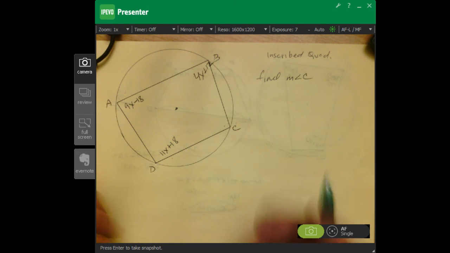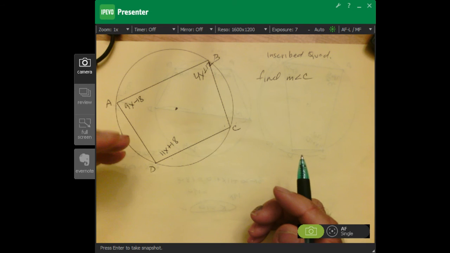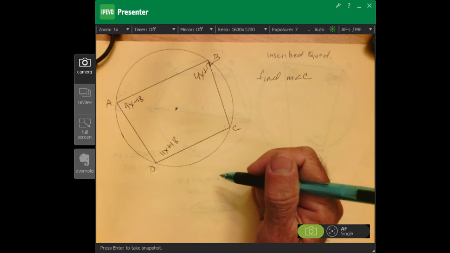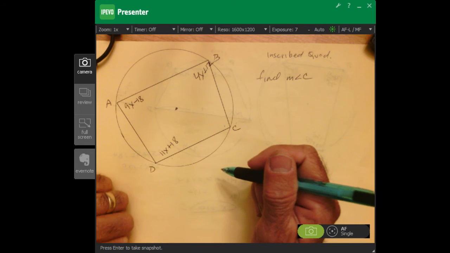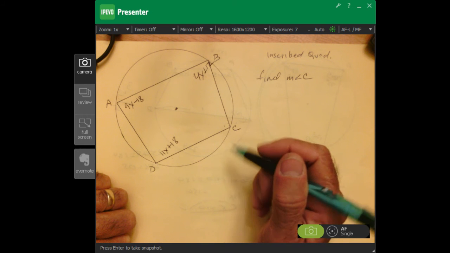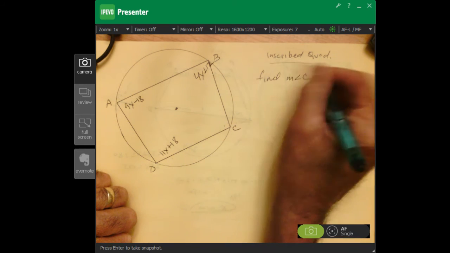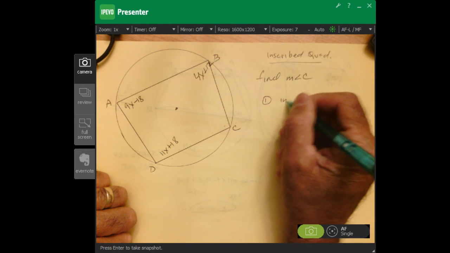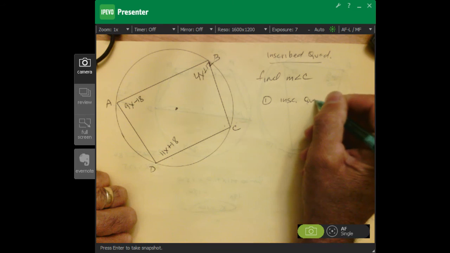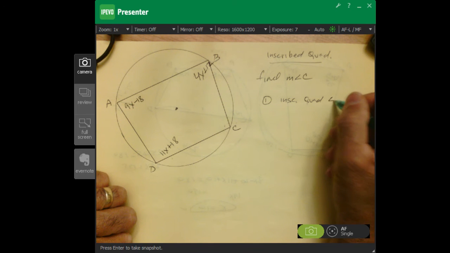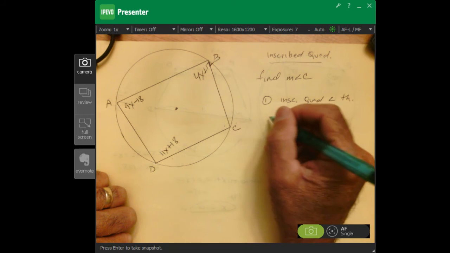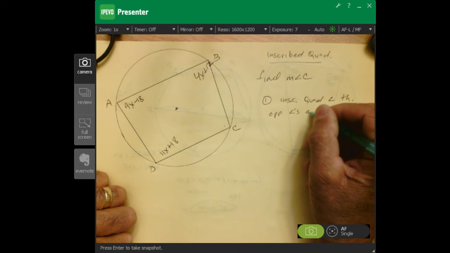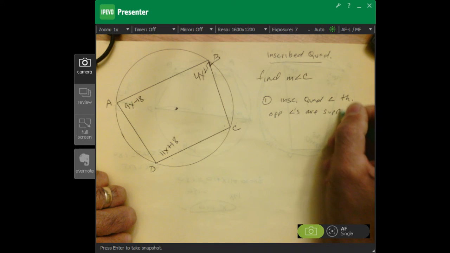So the first thing you want to do is start looking at this and asking yourself, what information do we know about this? And then possibly come up with some sort of strategy. So it's an inscribed quadrilateral. One of the first things you should be thinking of is the inscribed quadrilateral angle theorem, which says that the opposite angles are supplementary.